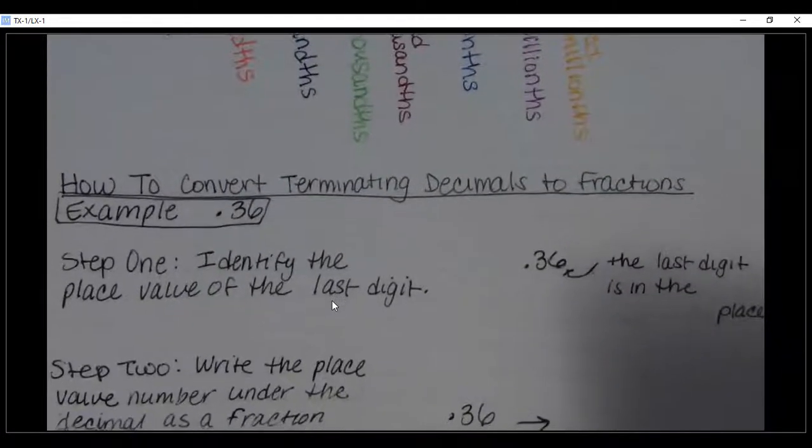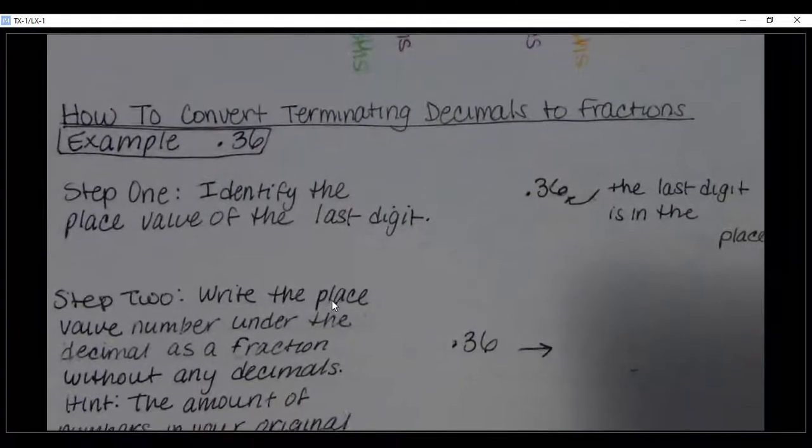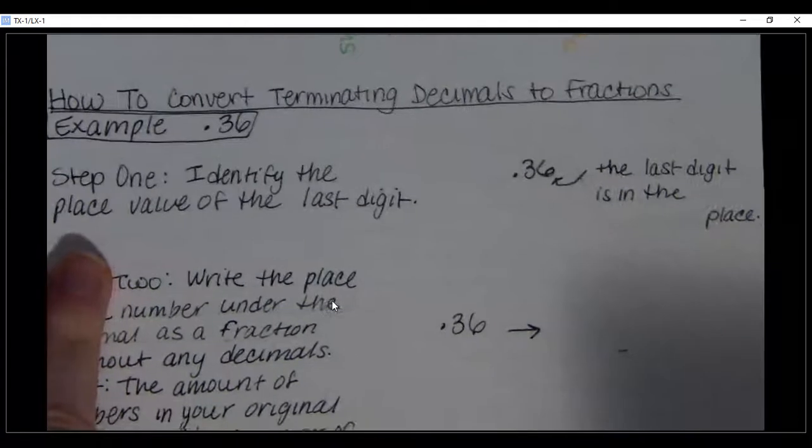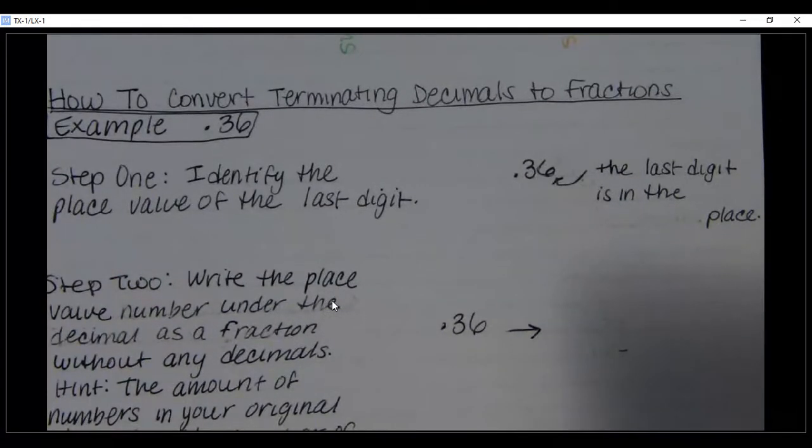So here we go, how to convert terminating decimals into fractions. And we have our example right there. I know it's super easy to just call it 0.36, but that's not the proper mathematical way of saying it. And the proper mathematical way of saying it is actually our first step. So step 1 is to identify the place value of that last digit.